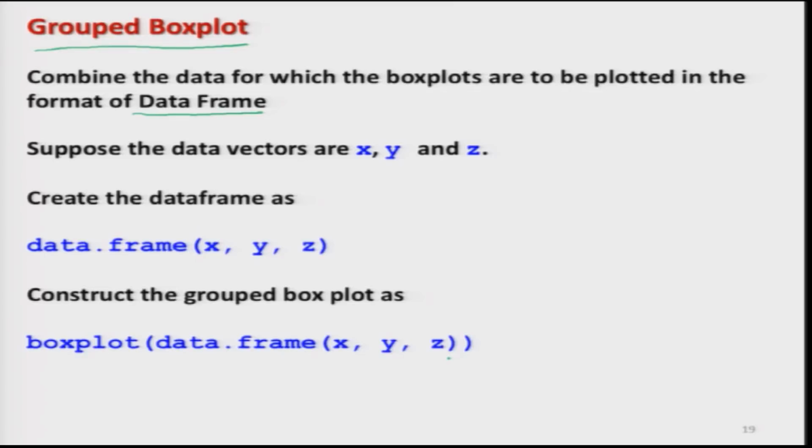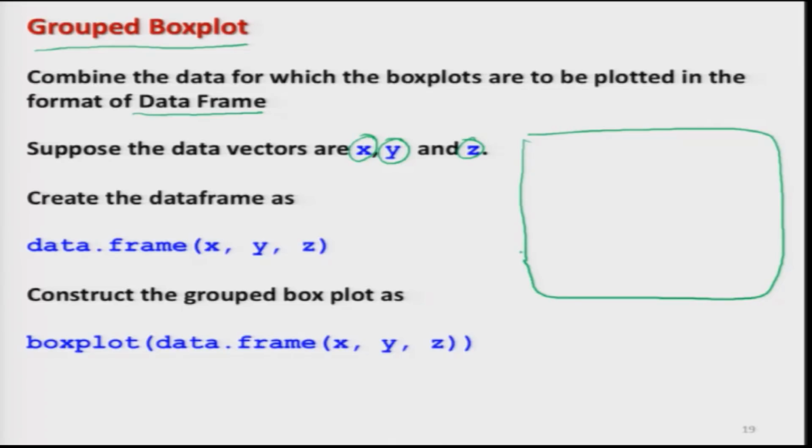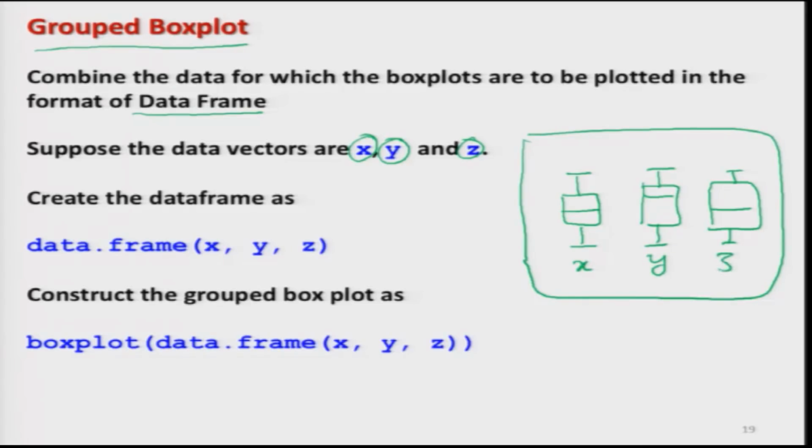Suppose we have here 3 data vectors which I am indicating by x, y and z. What we want here is a graphic which is enclosed inside this rectangle, where there are 3 box plots like this, and they are indicating the box plots for the 3 data vectors x, y, z.